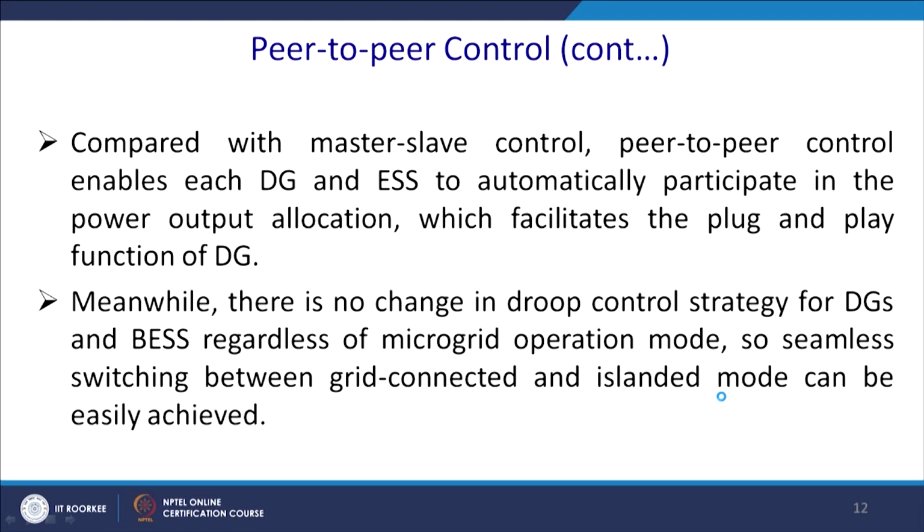Now, what happened? Compared with the master slave control, peer-to-peer control enables each of the distributed generations and ESS to automatically participate in the power output allocation, which facilitates the plug and play function of the DG. That is one of the major advantages of peer-to-peer connections. It allows plug and play type devices.